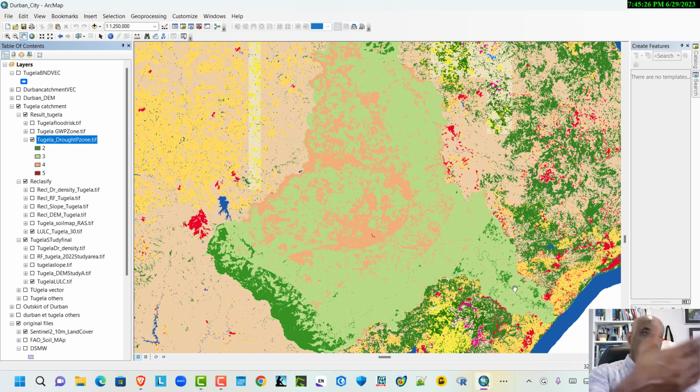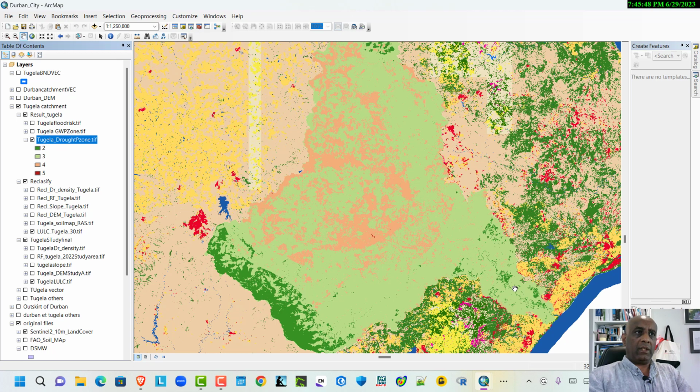It's always relative to the catchment, which area would be affected most if drought comes, if there is no rain, and so on. Because in this one, the groundwater table is available easily.